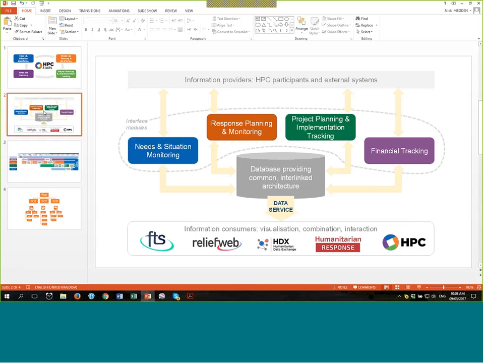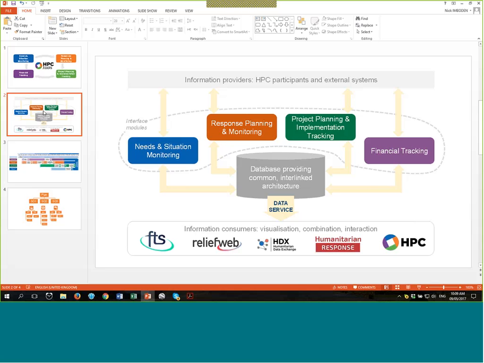Instead of having standalone systems and services, we'll have these different modules, but underneath them, you'll have a common database and a common data architecture which supports all of this. And that is for obvious reasons. What we need to do is to improve how we manage this data, and to join the dots between all of these different data that we're managing.